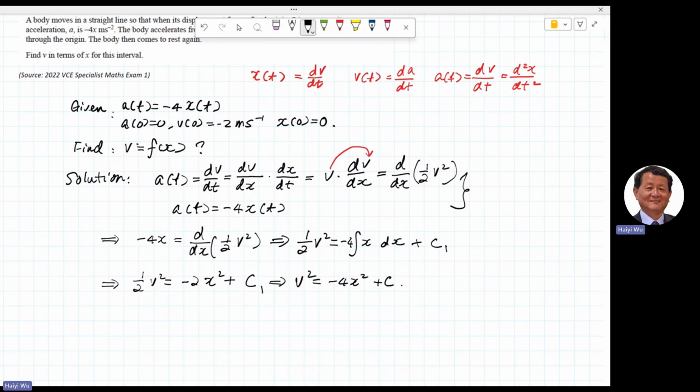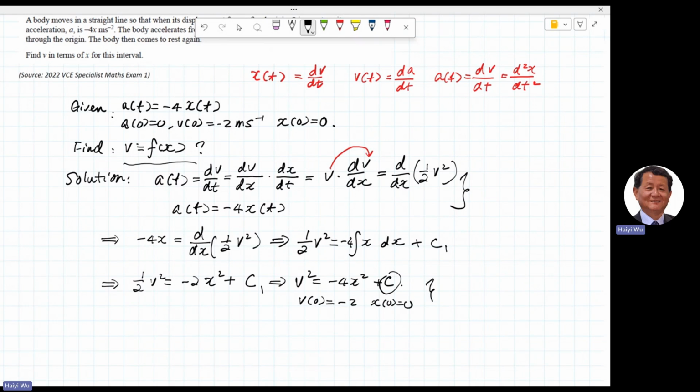So that's my initial function, but we have to decide v in relation to x. So we need to decide what c is. Let's use the condition we are given. We know that when the velocity equals negative 2 at t = 0, x is also 0.